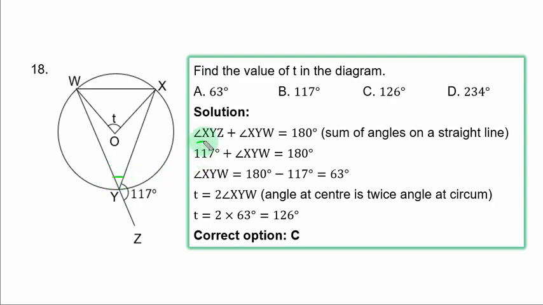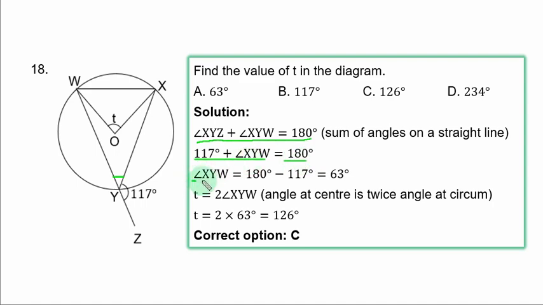So you have angle SYZ plus angle SYW is equal to 180 degrees. SYZ is 117 degrees plus angle SYW equal to 180 degrees.